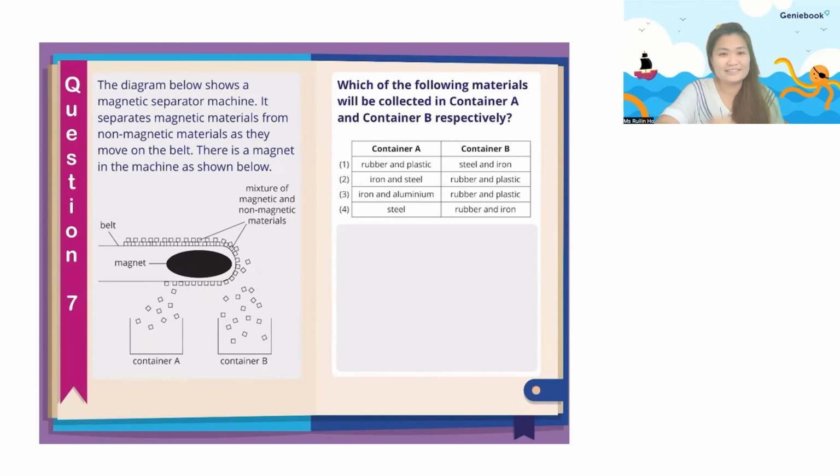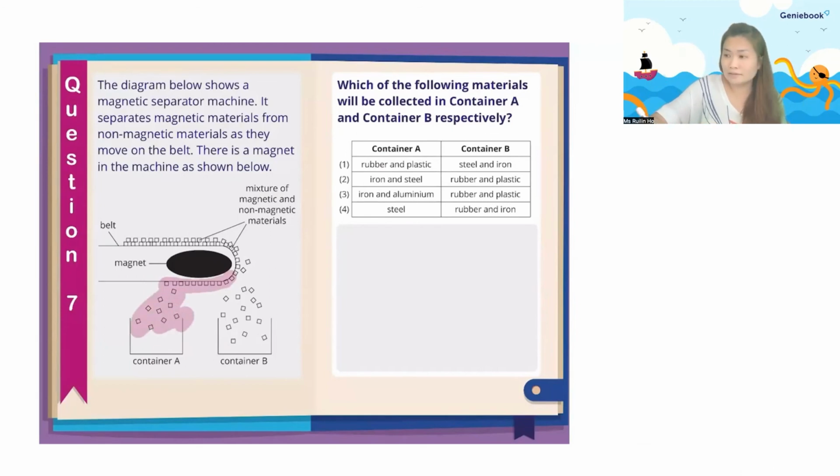Let's go. Okay, let me explain what's going on. You can see that you have a magnet here. What we know about a magnet is that it will attract magnetic materials. Notice that this portion here is still being attracted to the magnet. As the belt moves away from the magnet, it drops down.